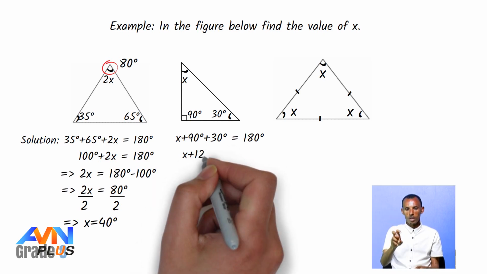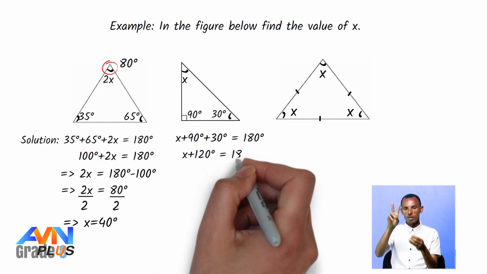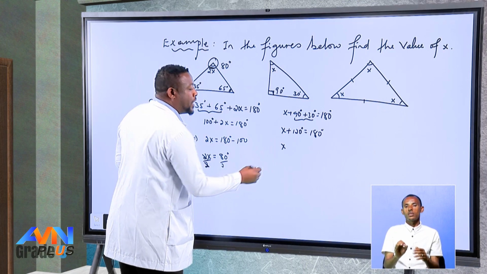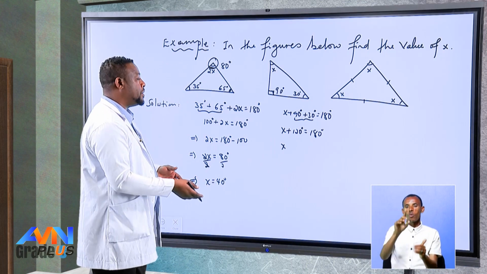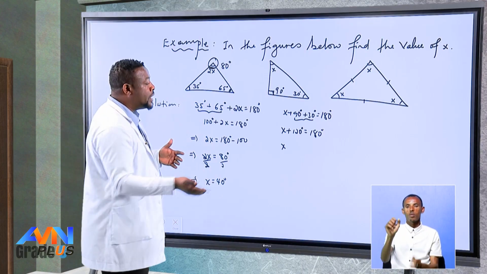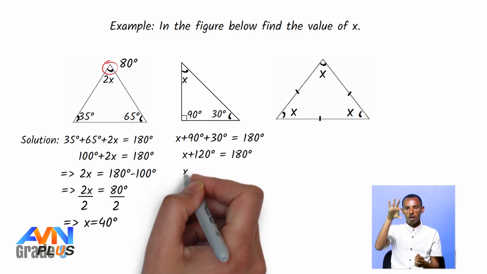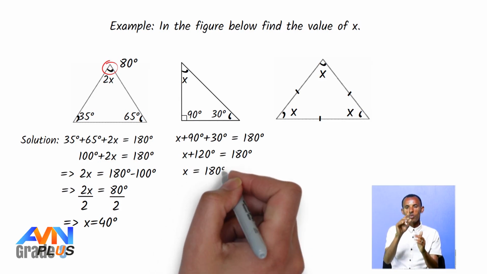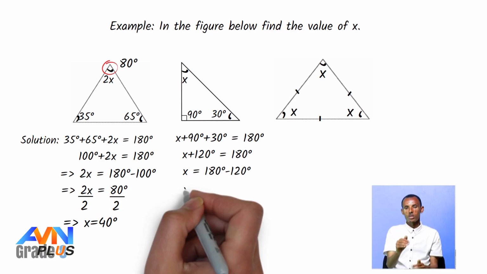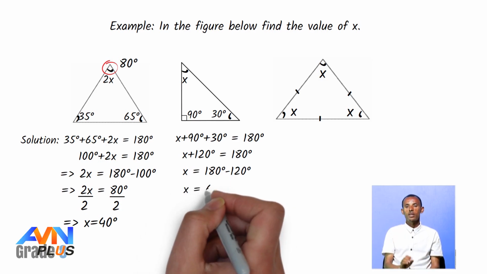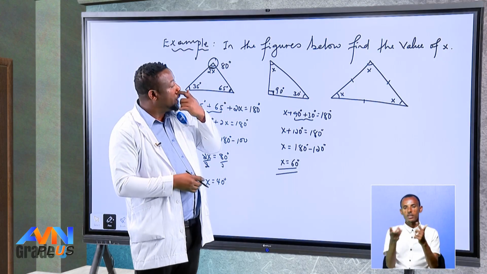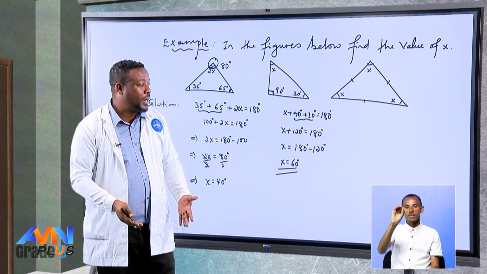So x plus 120 degrees is 180 degrees. Then subtracting 120 from both sides, you will have x becomes 180 degrees minus 120. So this difference is 60. Okay, 60 degrees. The value of x in the second triangle is 60 degrees, right?